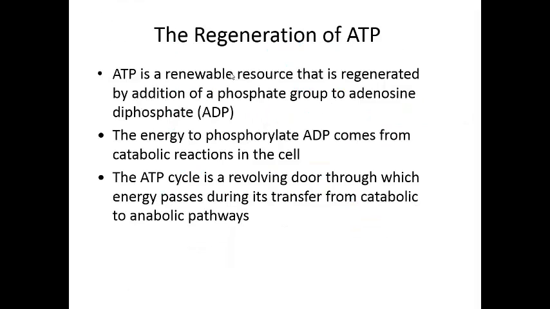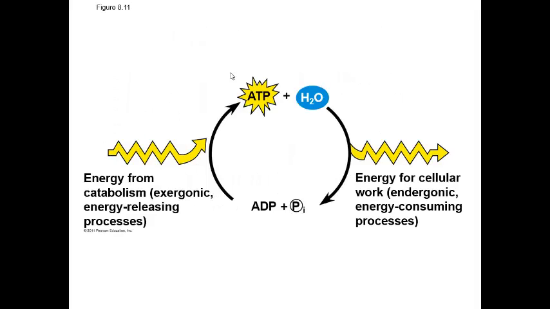Now, ATP is like a battery, and your body doesn't actively need to produce new ATP. Instead, ATP is going to be regenerated over and over again. It's a cyclic process. We know that the hydrolysis of ATP, which is an exergonic reaction, is going to fuel all types of cellular work.